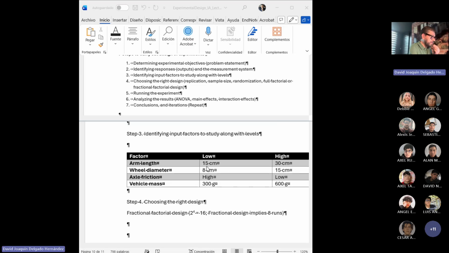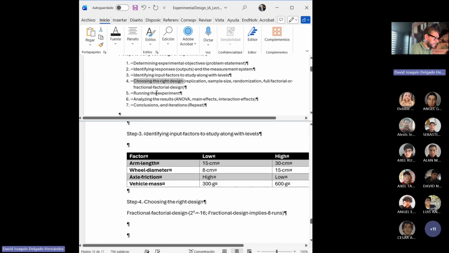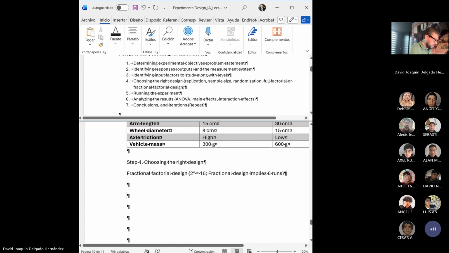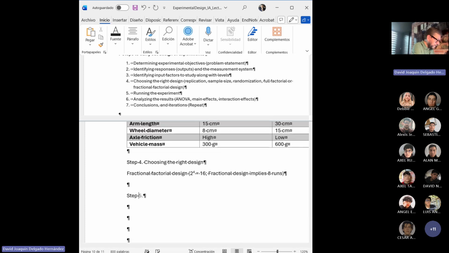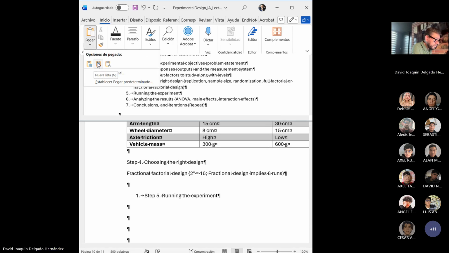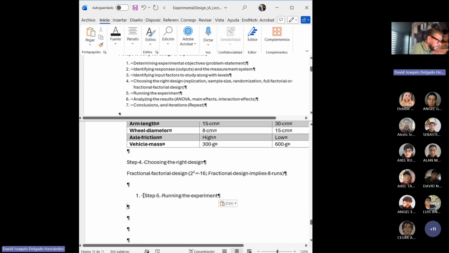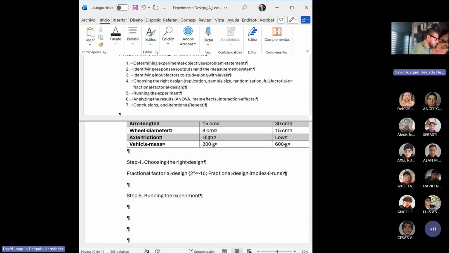So let us now move until step number 5. Step 5, which is running the experiment. So in this case, I am going to put the table.